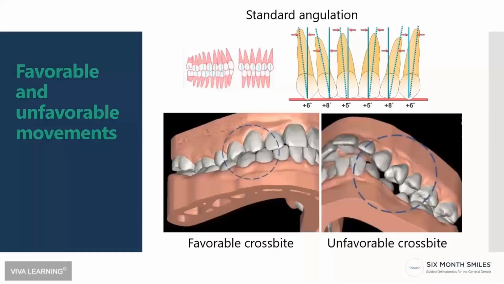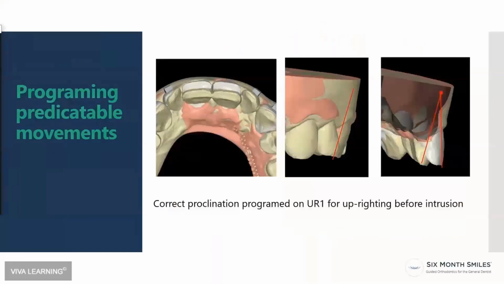An unfavorable crossbite is exactly that, when we have to modify not only the transverse plane but also the AP relationship or the sagittal plane, which will make this more difficult and more unpredictable. Certainly more of a thorough, more comprehensive orthodontic approach, that will definitely take more than 20 aligners. So we need to look at this when sequencing and when correcting the clinical condition.